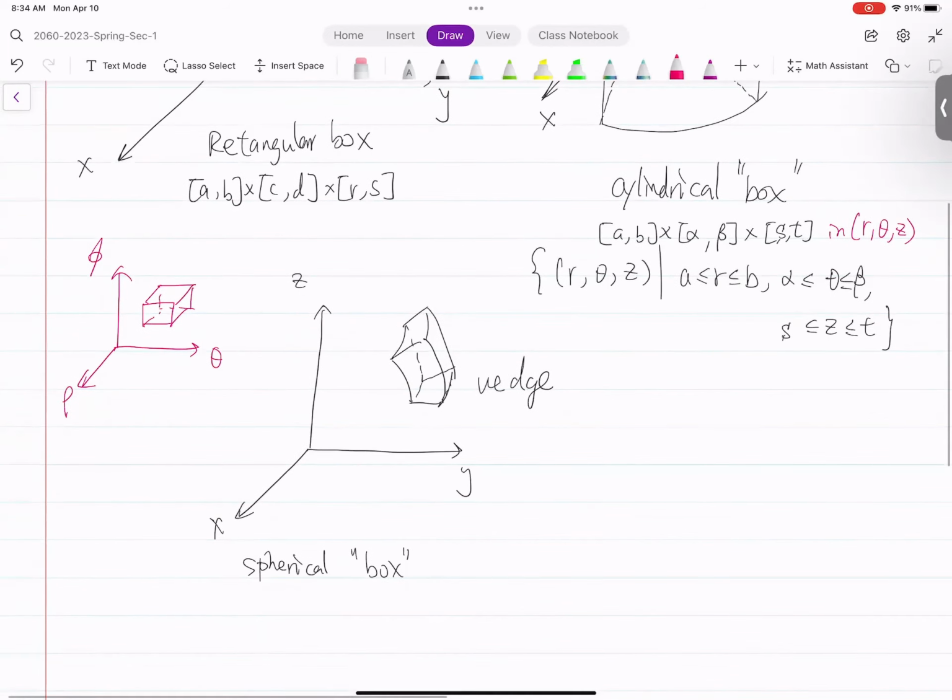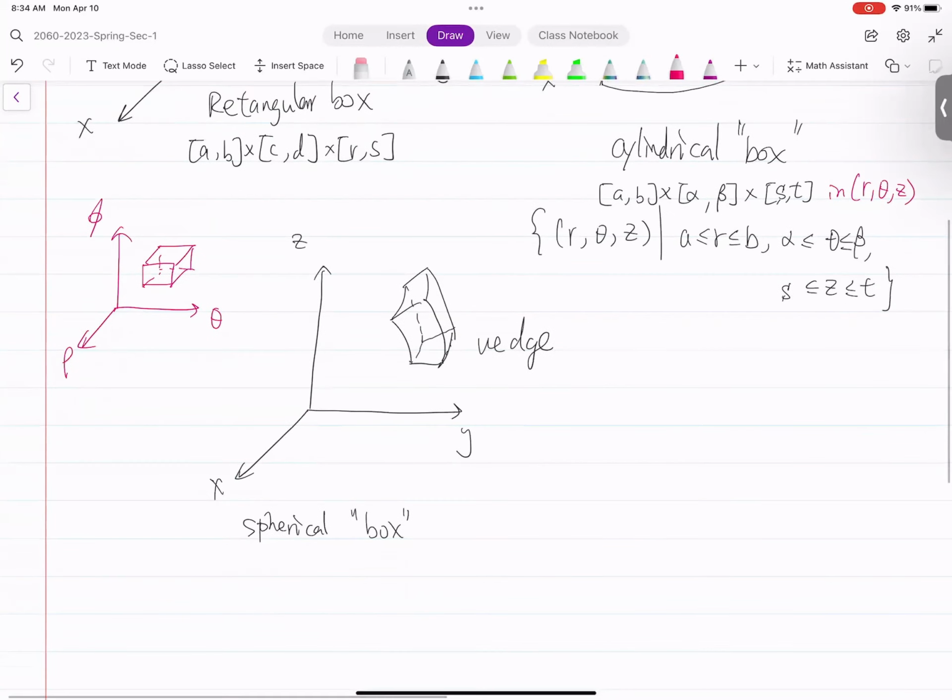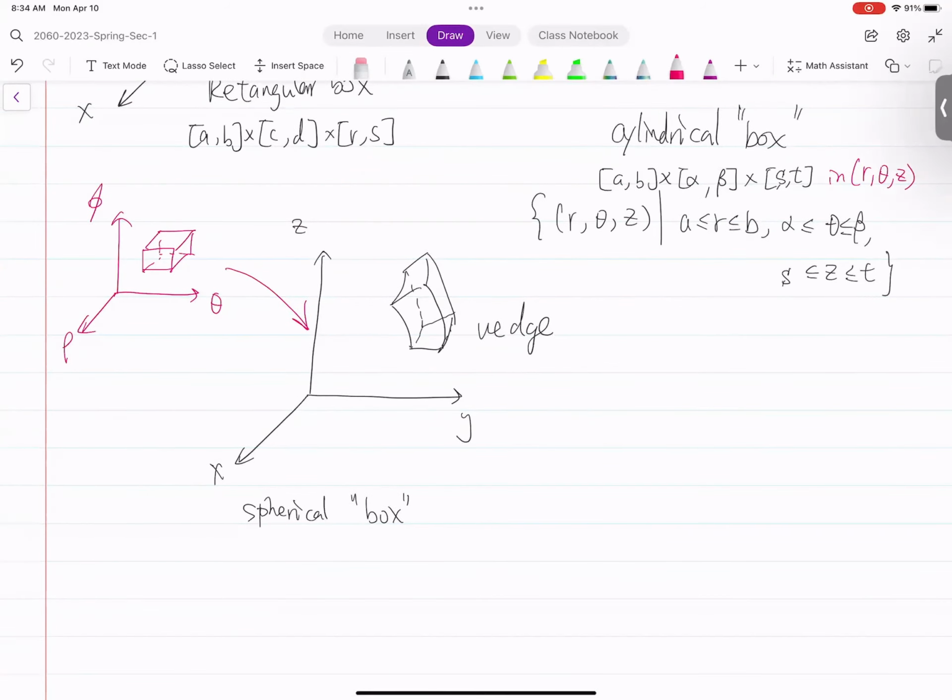But it will still be a rectangle that we would translate into a wedge. And if you think about the way that we translate, this is exactly x equal to rho sine phi cosine theta, y is rho sine phi sine theta, right? Finally, z is rho cosine phi.